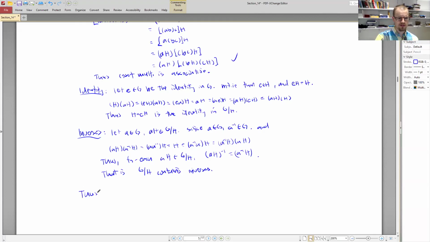Thus, G mod H is a group. And that is precisely what we were looking to show.